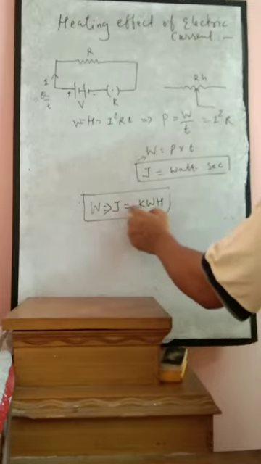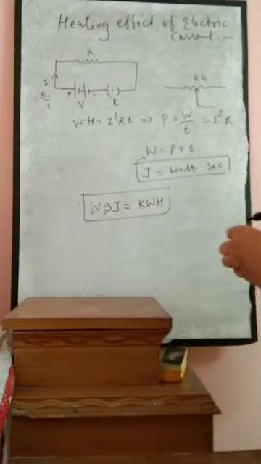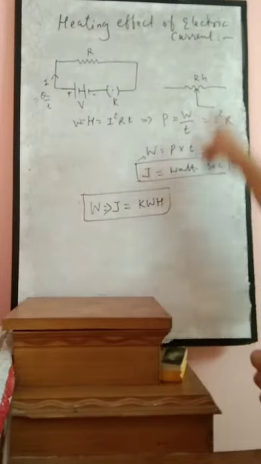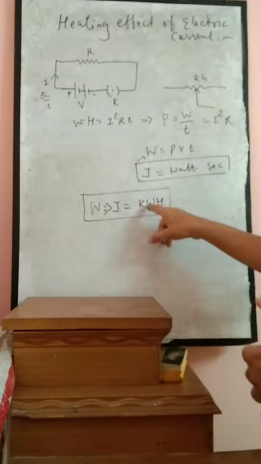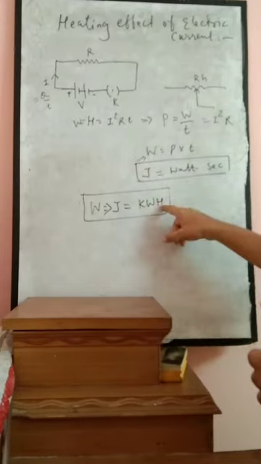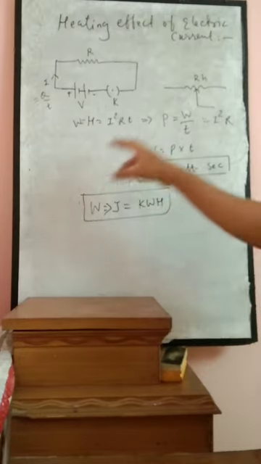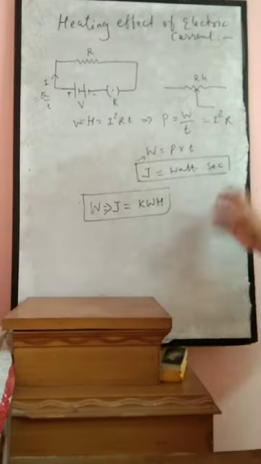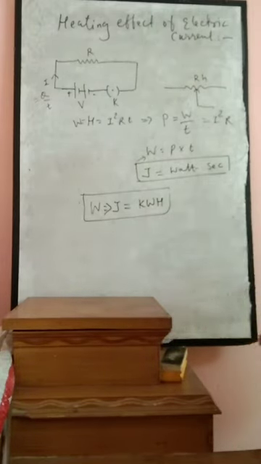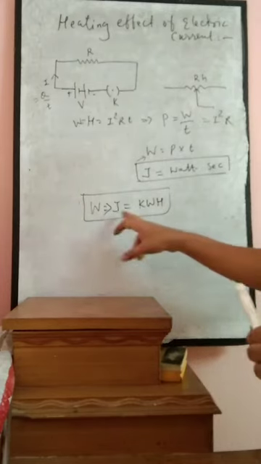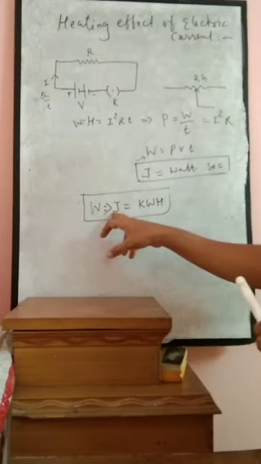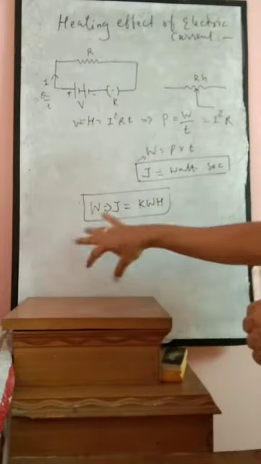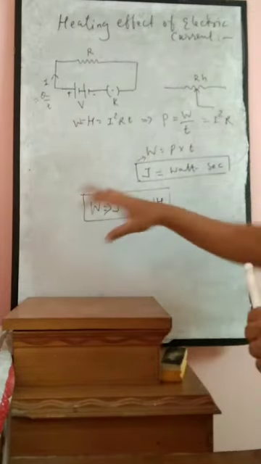So this joule is equivalent to 1 kilowatt hour. Now what is 1 kilowatt hour? When the power consumed by an electric circuit is represented in terms of kilowatt and time is measured in hour, then the energy consumed by the electric circuit is represented in terms of kilowatt hour. Now we want to understand what is the value of 1 kWh in terms of joule.